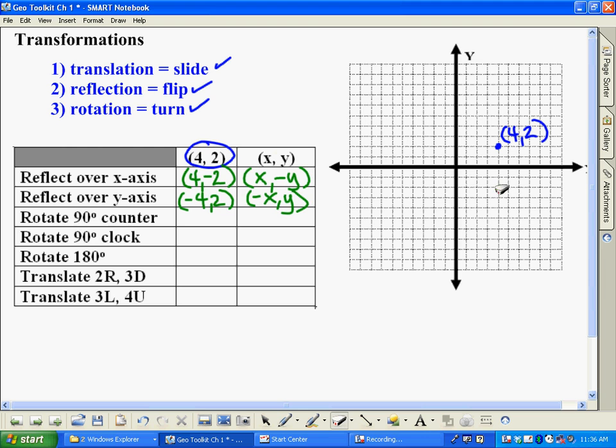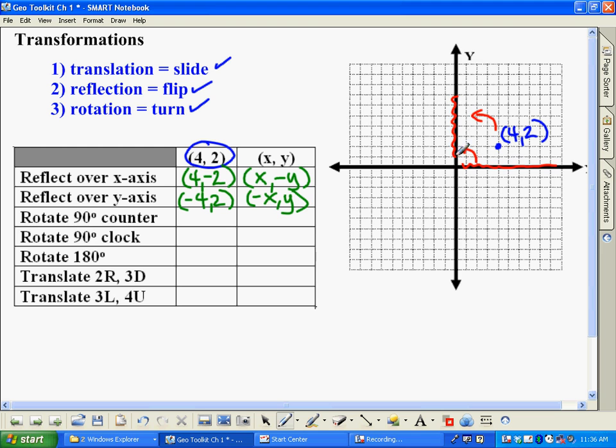So let's also now look at rotating. So rotating 90 degrees counterclockwise. Well, 90 degrees is a quarter turn, and counterclockwise would be in this direction over here. This is your x-axis, and if we were to rotate it 90 degrees, it would wind up right here on the y-axis. So relatively speaking, it's 4 along this axis, and then it would be 2 to the left from it.